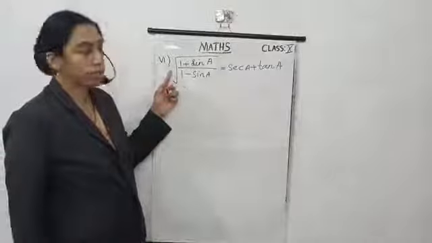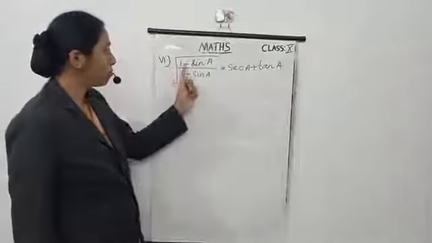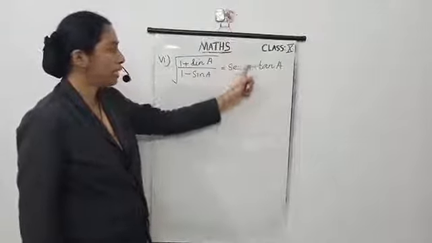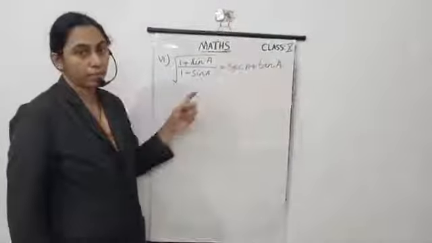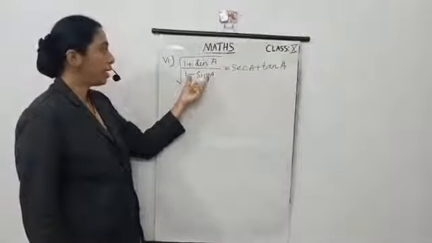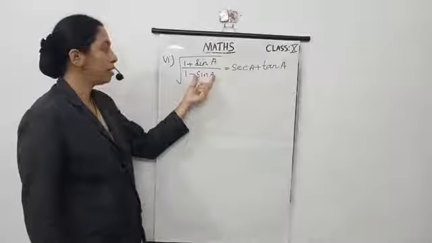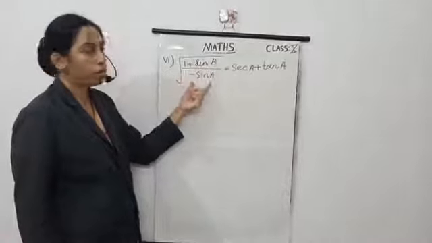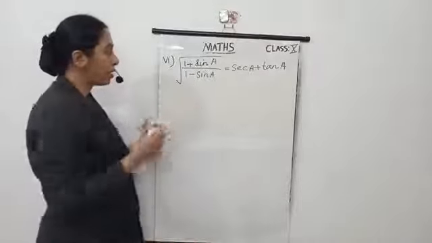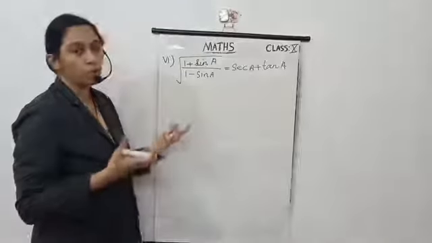So sixth question: root of (1 plus sin A) by (1 minus sin A) equals sec A plus tan A. Now take the LHS and multiply both numerator and denominator with 1 plus sin A, otherwise we can't move further.